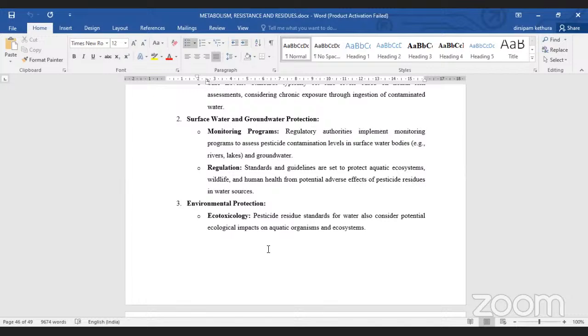There are monitoring programs where regulatory authorities assess pesticide contamination levels in surface water bodies and groundwater. And the standards and guidelines are set to protect aquatic ecosystems, wildlife, and human health from potential adverse effects of pesticide residues. Third one under pesticide residue standards in water is environmental protection.